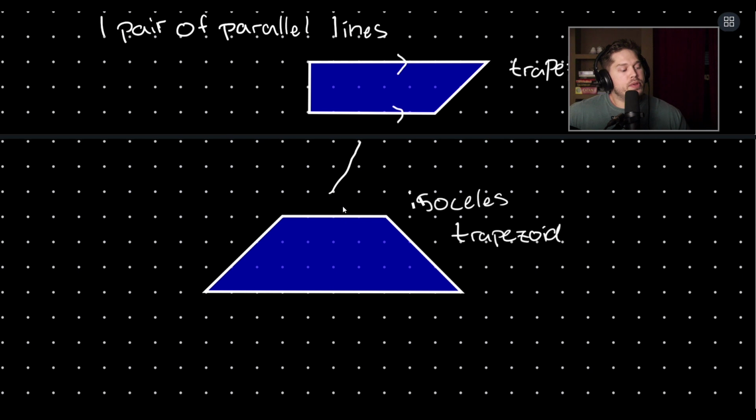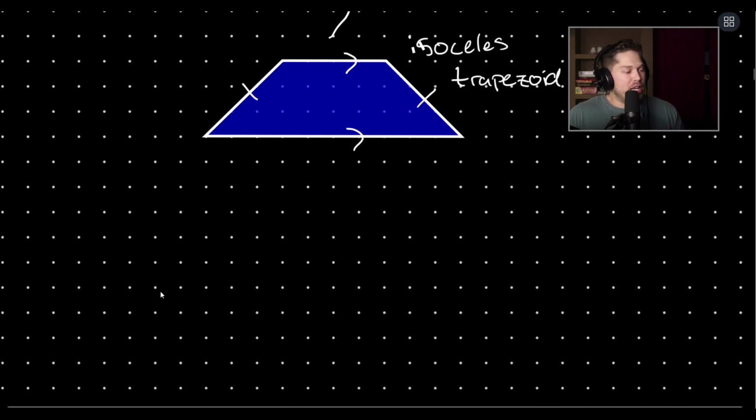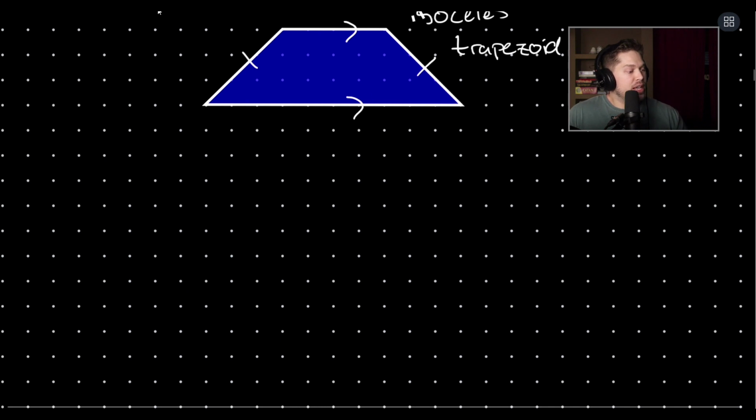And it's a trapezoid in that we have one pair of parallel lines, and it's isosceles in that the left and the right hand side are the same length. Okay, so this is an isosceles trapezoid. Very, very excellent.